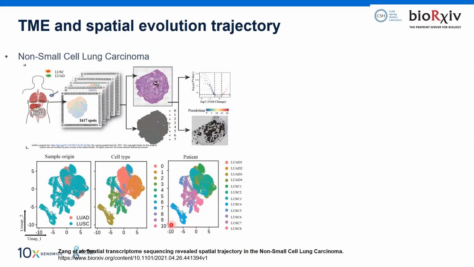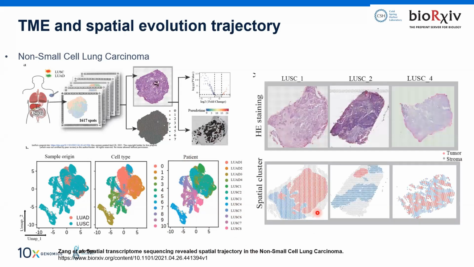That's why it is very important to generate the data at single-cell resolution or 1 to 10 cell resolution, so that we can understand the real heterogeneity. This is very important when we are trying to give the heterogeneity picture of a particular sample.